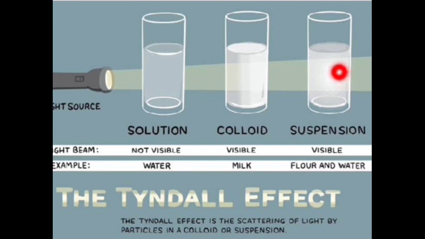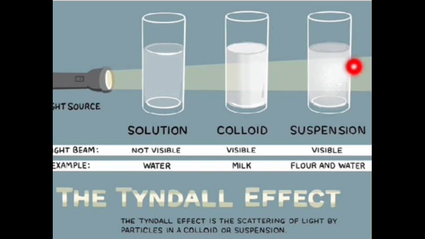What do you conclude from this? That the size of the solute particles in a true solution is very tiny, so they cannot scatter the beam of light. It means a true solution does not show the Tyndall effect. Whereas in colloid, the path of light is visible. It means the size of the solute particles is big enough to scatter the beam of light.